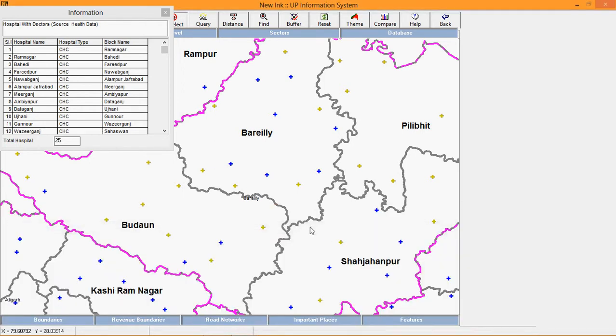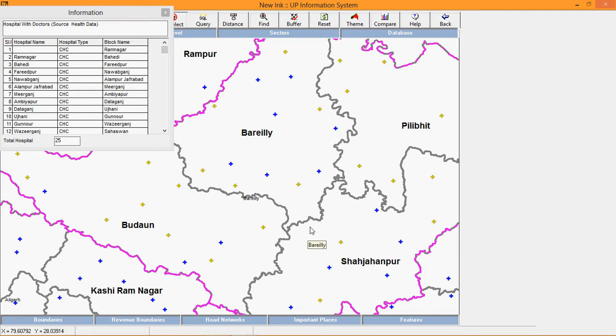So the entire state of UP with its total health infrastructure data, since we have uploaded it to this particular program, can be sent to the web and people can take a lot of benefit out of this data.